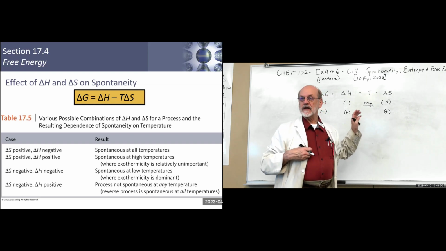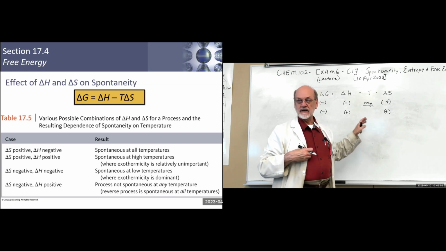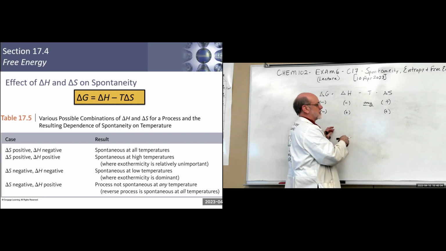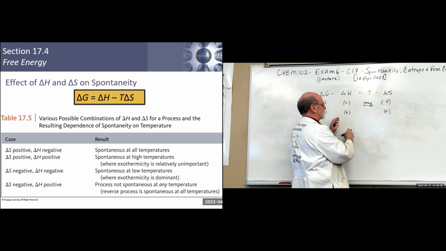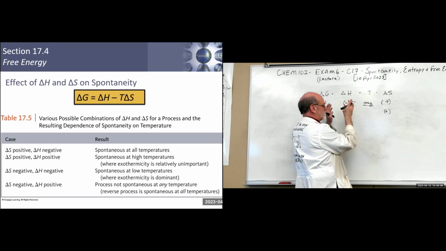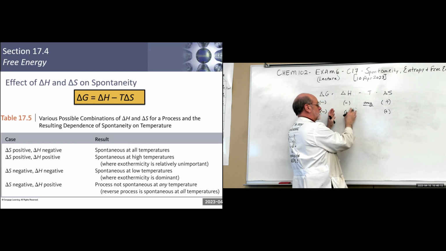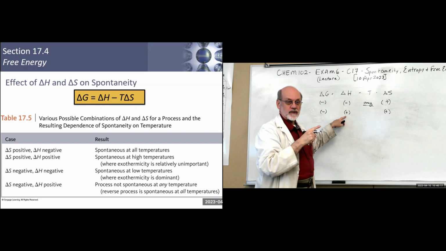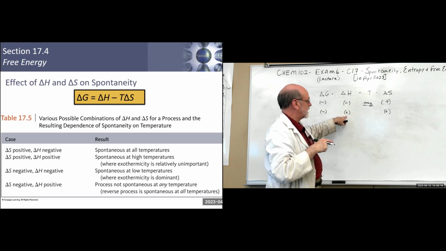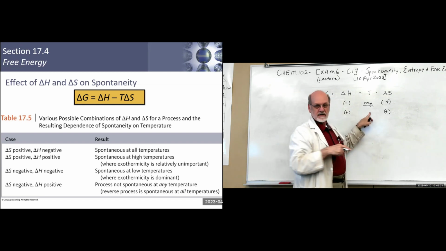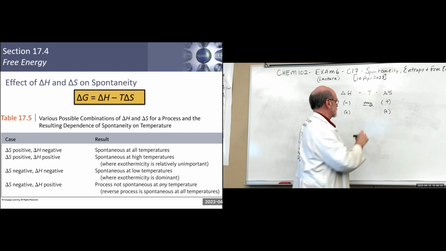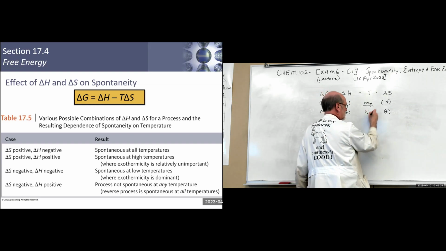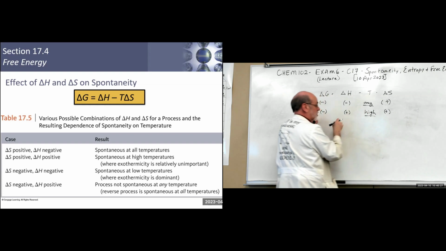That happens when high temperature is in effect, where positional entropy is more important than energy. So when it's an endothermic process, then what you need is a very high temperature. That's the reasoning part.